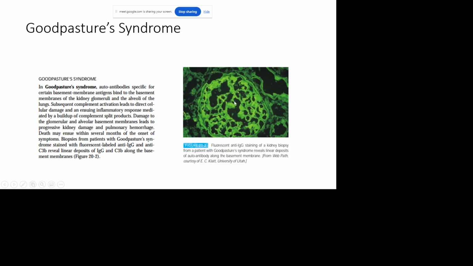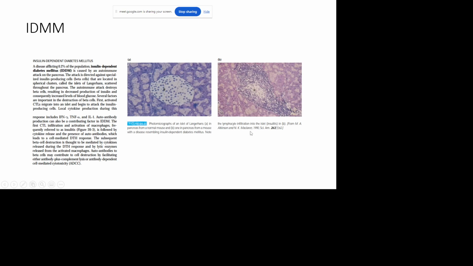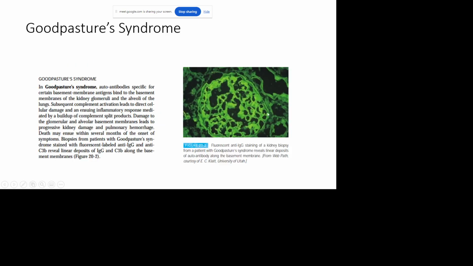Because the secondary antibody is conjugated with green fluorescence, it shows the position of the antibody binding. So now you can see that this basement membrane is rich in autoantibodies, which are generated due to autoimmunity. So this is an example of an autoimmune disorder, which is Goodpasture syndrome.